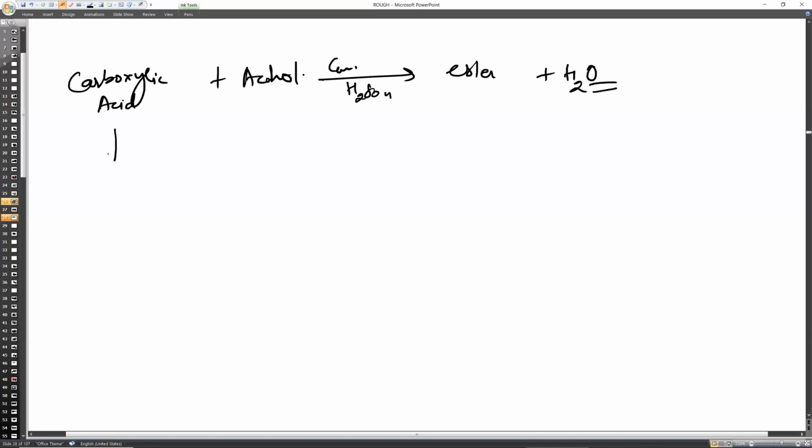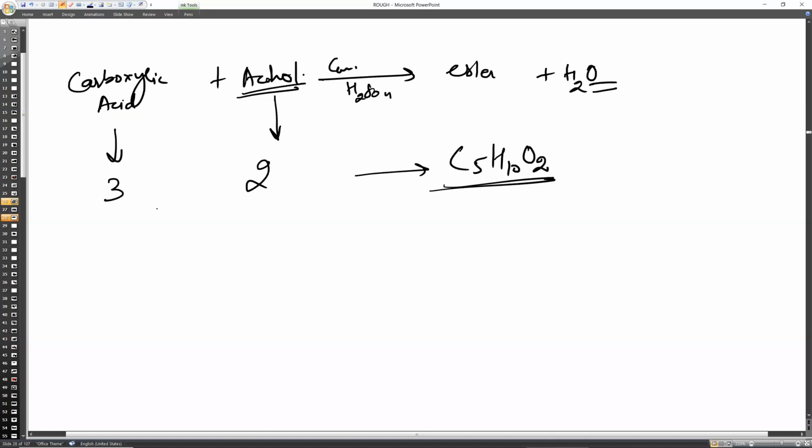Okay, if we are having this 3 carbon carboxylic acid, the general formula, and we are having 2 carbon alcohol, then can you tell me what is the compressed formula of this ester? C5H10O2. Yes, C5H10O2. Simple. The 5 carbon compound should be there in the esters.